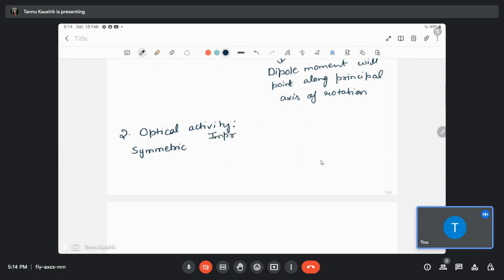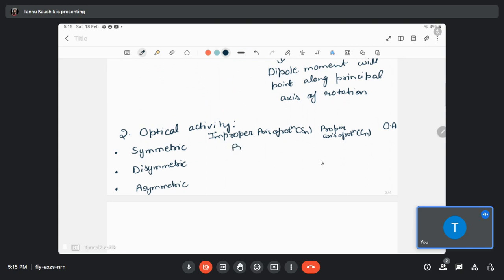So we will have to check the presence of improper axis of rotation, SN, proper axis of rotation, CN, and optical activity. So this is symmetric, then dissymmetric, asymmetric.